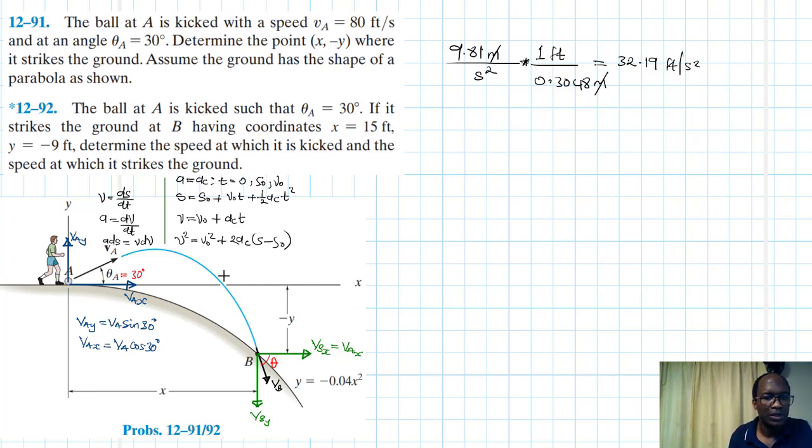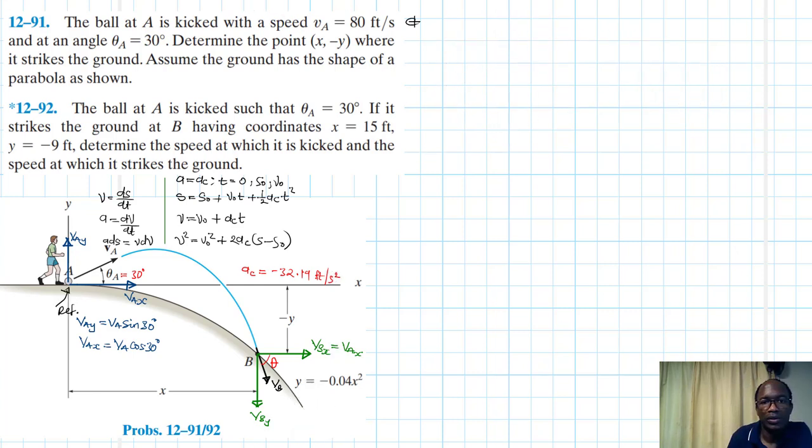So our AC is equal to minus 32.19 feet per second squared.